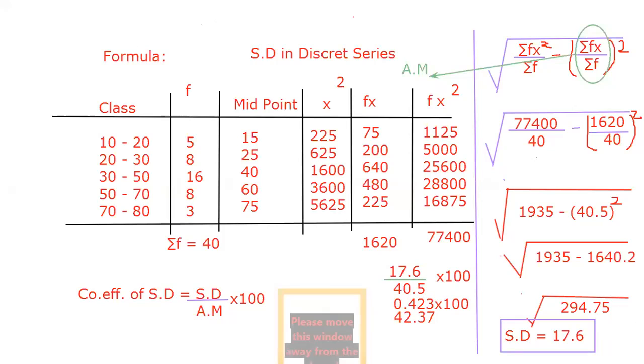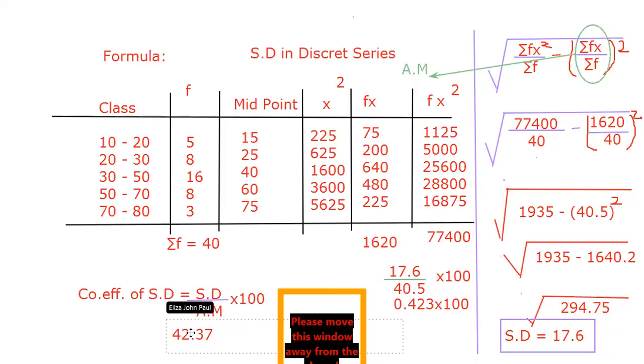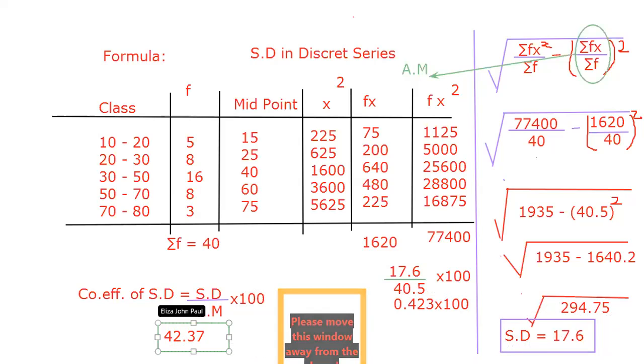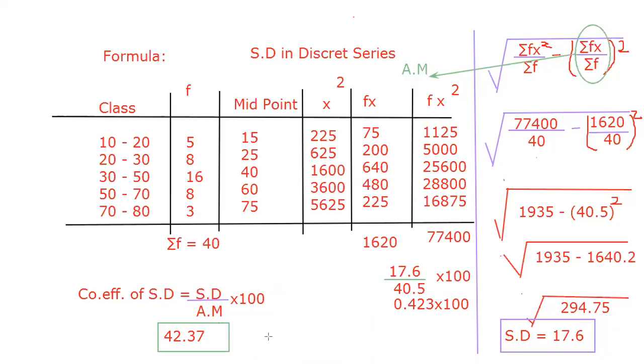Is there any doubt? So the coefficient of standard deviation is equal to 42.37. So easily you can identify the standard deviation and its coefficient, right? Suppose in your exam or question paper they ask you to find the coefficient of standard deviation, then you can go for this formula, or with this step it is enough.